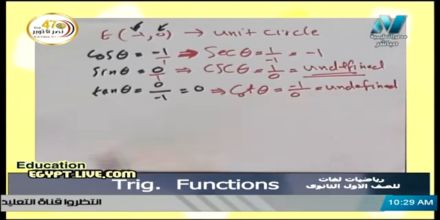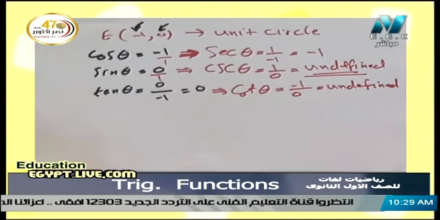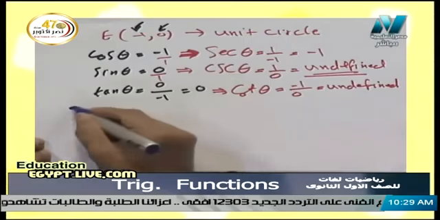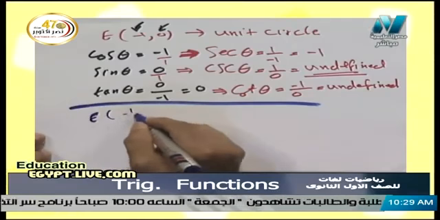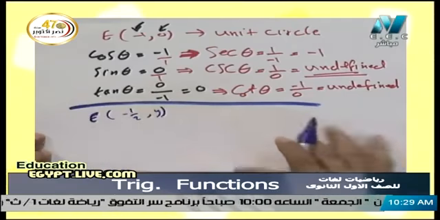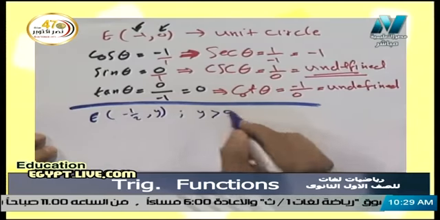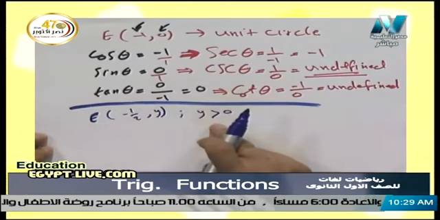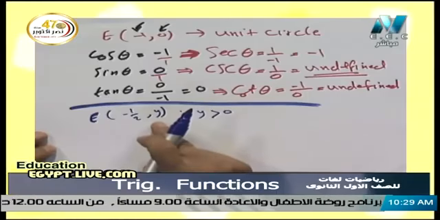Let's move to another point. If we have another point E, which is negative half and y, and we have a condition here that y is greater than 0, that means that y here is positive, and we have to find the value of y.